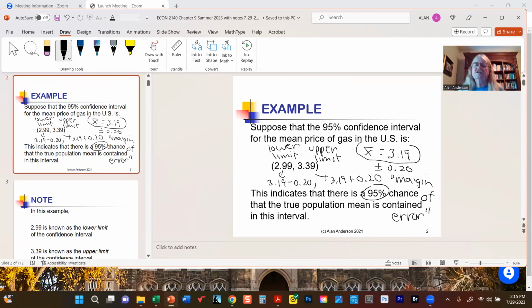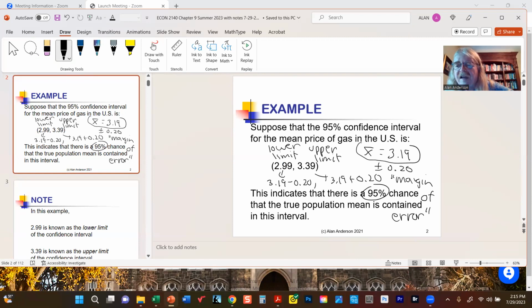Okay, so what that really is telling us is that the price isn't that much different among different gas stations in the US. I mean, if it had been, let's say, $1 up to $5, that would have been a different matter altogether. But here we can see that the average is $3.19. And with the 20 cent margin of error, we come up with our interval of $2.99 to $3.39. And so we're highly confident that the true mean is in that interval somewhere.